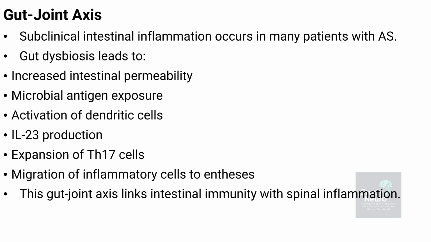Changes in the normal gut bacteria can weaken the intestinal barrier, allowing microbial substances to come into contact with the immune system, which activates dendritic cells, increases interleukin 23 production, expands T helper 17 cells, and encourages inflammatory cells to move to the entheses, where they sustain inflammation and contribute to disease progression. This helps explain the connection between intestinal and spinal disease.